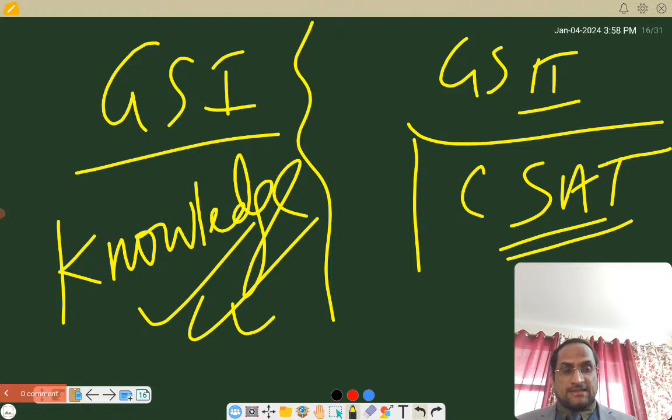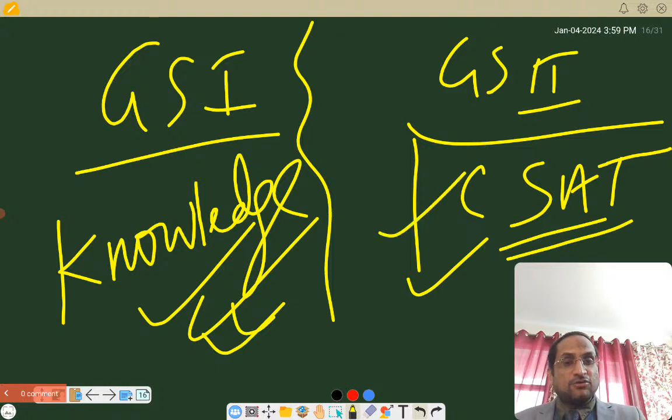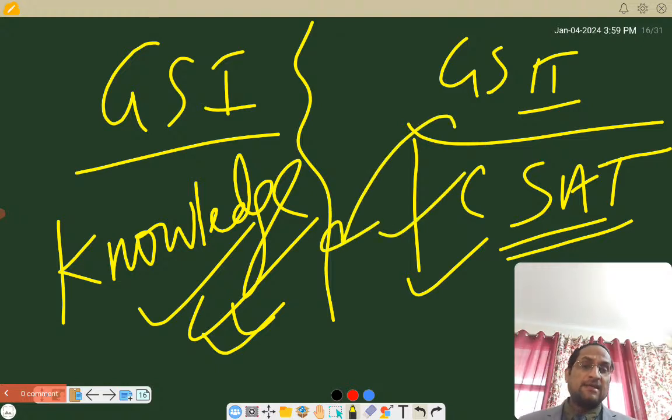Overall, a civil servant should have high aptitude and IQ, average or above average IQ of course, and the knowledge also. But if we look at people who belong to a certain background, let's say engineering background, their CSAT scores will be really high, but their knowledge part is very, very less.